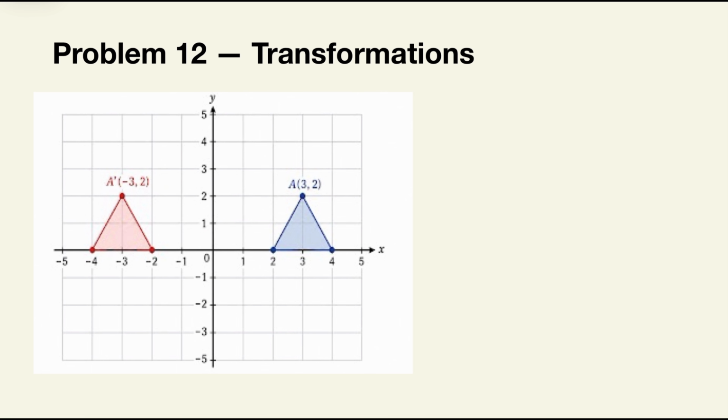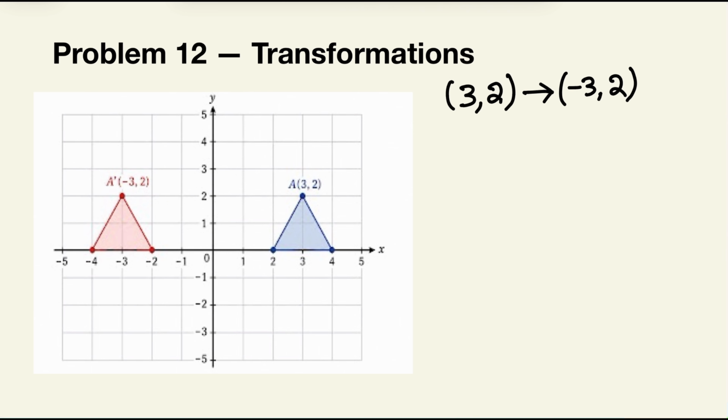And after reflection, it becomes -3, +2. So notice what changed. Well, let's go ahead and write that down. So we started at +3, +2, and after reflection, the point became -3, +2.